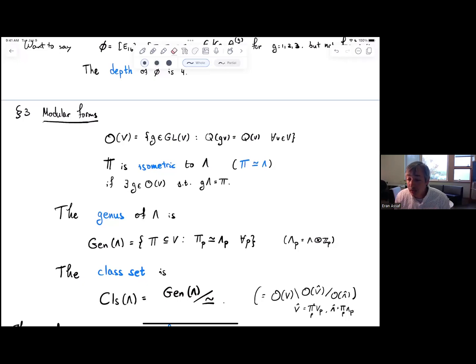Now, if you are more representation theory and automorphic forms inclined, you might notice that this could be viewed as a double coset space. So if you're looking at the orthogonal group at every prime p, you can form an adelic group. And these are the adelic points of the orthogonal group. This is the O(V) hat here. And on the right, we quotient by the things that stabilize the lattice. And on the left, we quotient by global isometries.